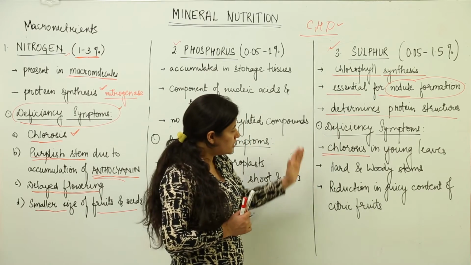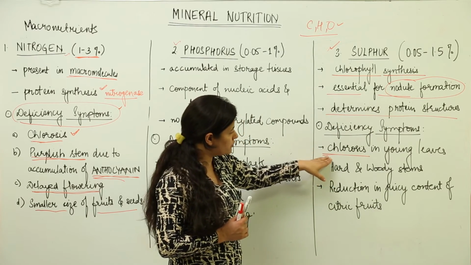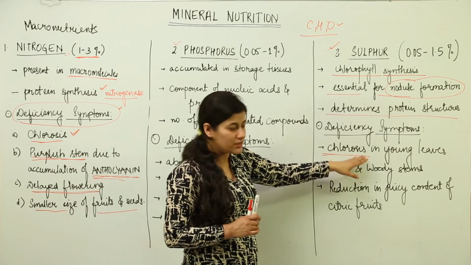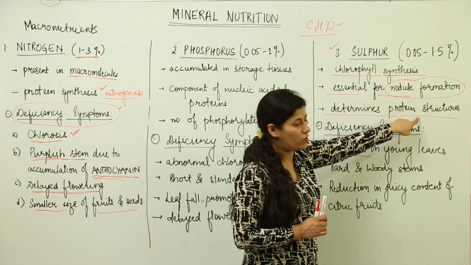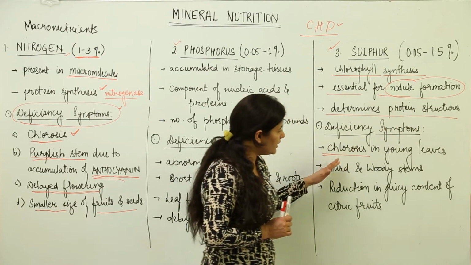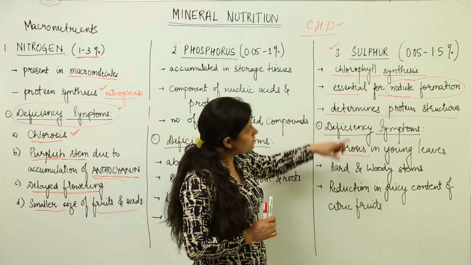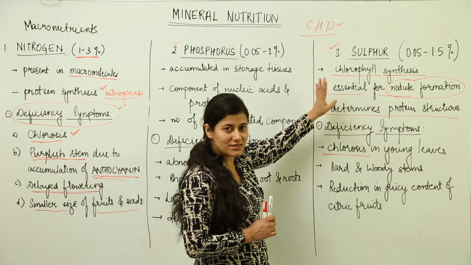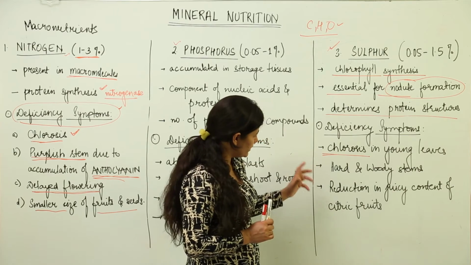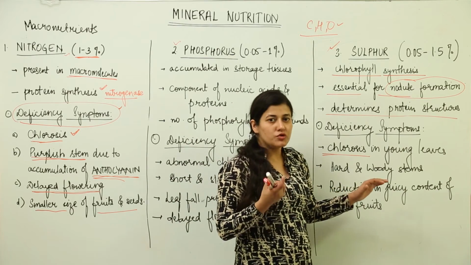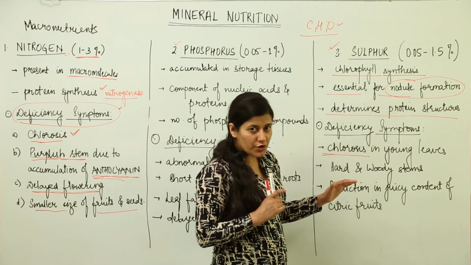then the plant is going to show the following symptoms, in which we first of all have discussed chlorosis. In young leaves, because it is part of important biomacromolecules like proteins, the young leaves are going to show chlorosis, because it plays an important role in chlorophyll synthesis as well. Then there would be a condition where the stems are abnormally hard, which is not required from the plant.